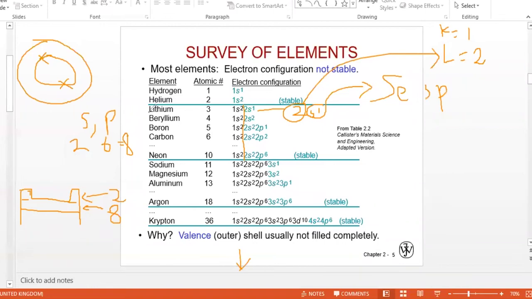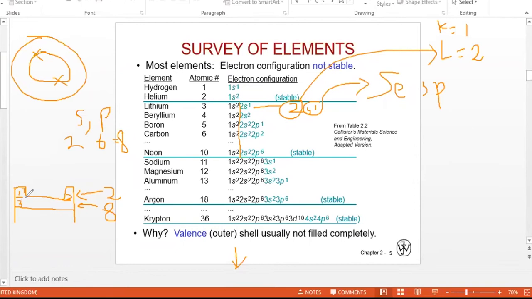After we finish with lithium, we go for beryllium. Beryllium has 4 elements in total because this is 1, 2, then beryllium is 4. While writing beryllium, the 1s2 at the start will automatically come.